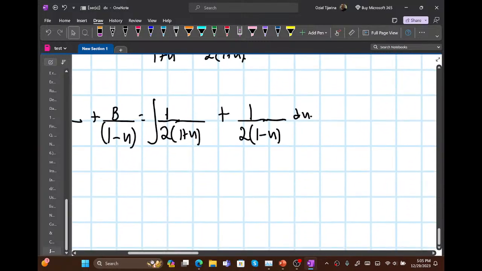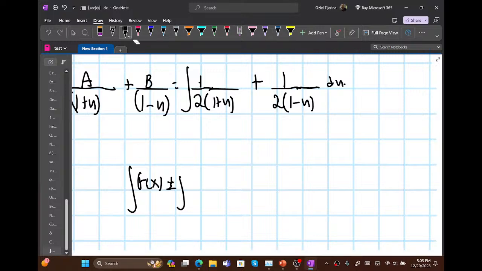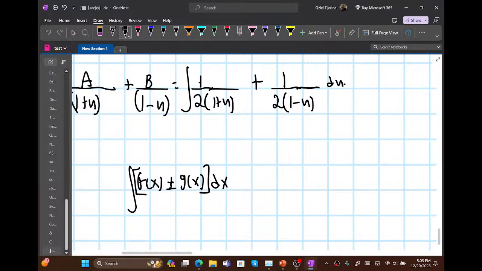Now, we're going to split it up into two different integrals. Remember that the integral of f of x plus or minus g of x dx is equal to the integral of f of x plus or minus the integral of g of x.